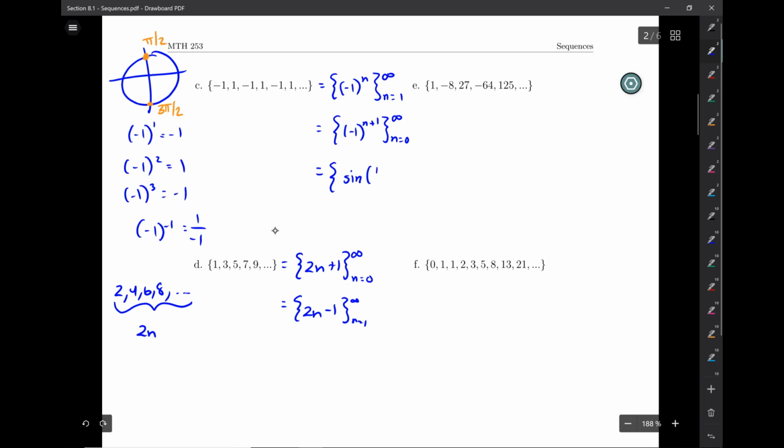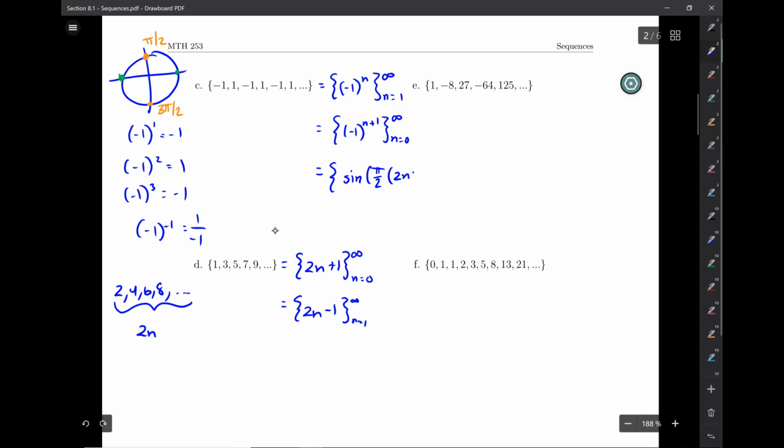Let me write that here, actually. But notice it's not just multiples of pi over 2, because I don't want pi or 2 pi, since then I would end up having 0. So this is where creating an odd number might come in handy, because I want just odd multiples of pi over 2.